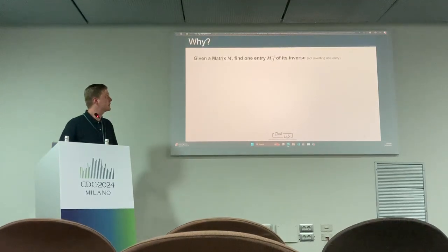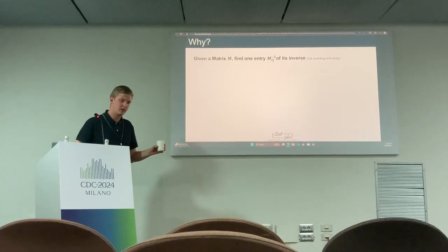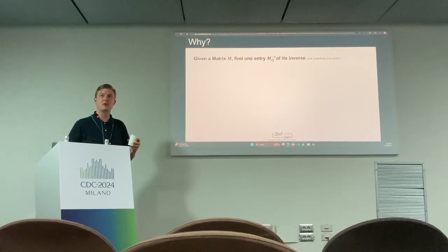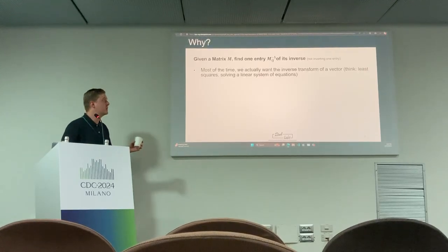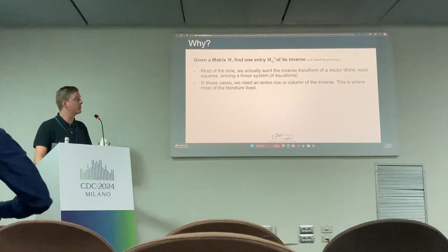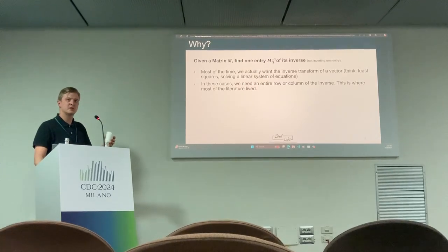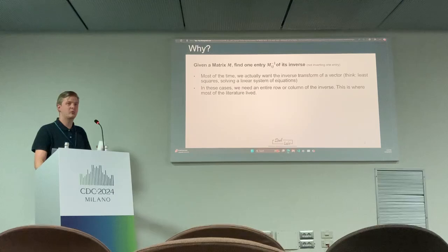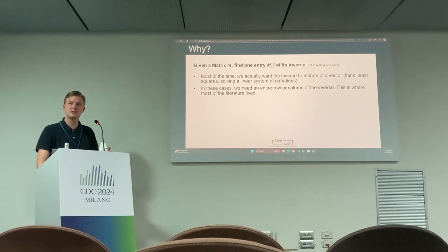So the first question that I want to pose is why do I have another matrix inverse algorithm when there are already so many out there? Most of the time when you perform a matrix inverse, you're trying to solve a least squares equation or a similar system of equations, which requires you to compute an entire row or column at least of a matrix.